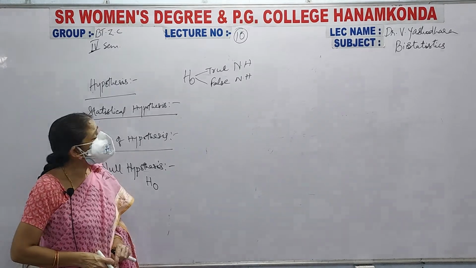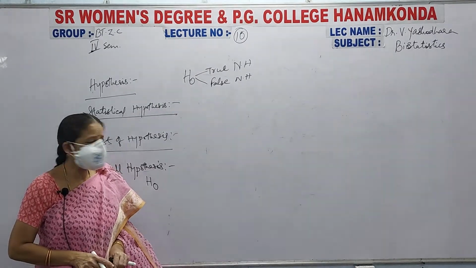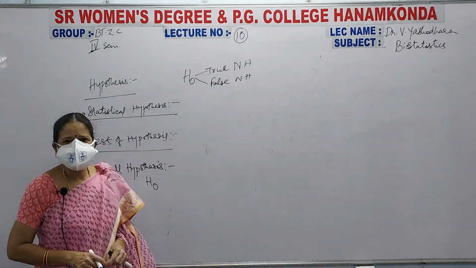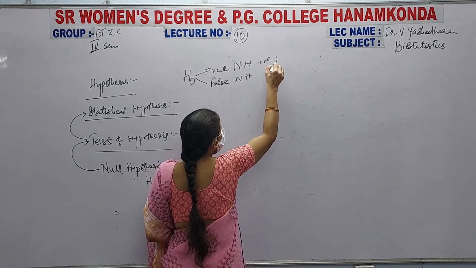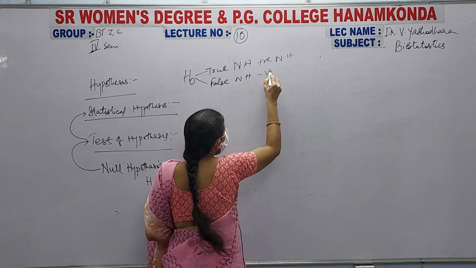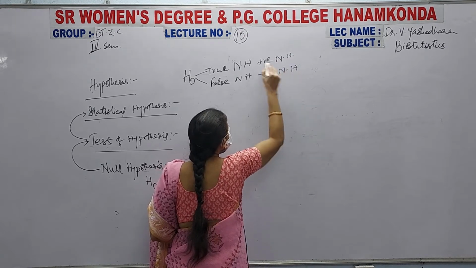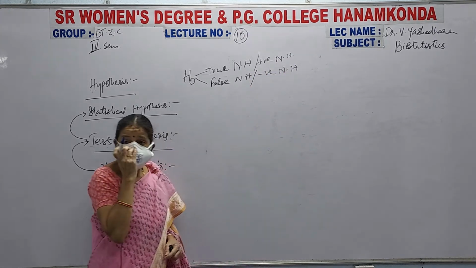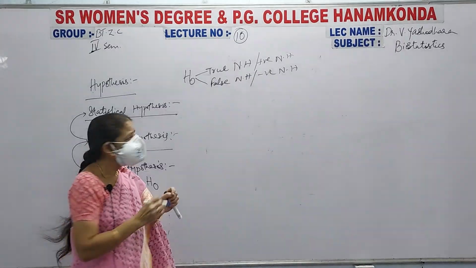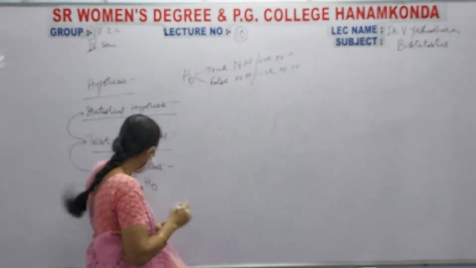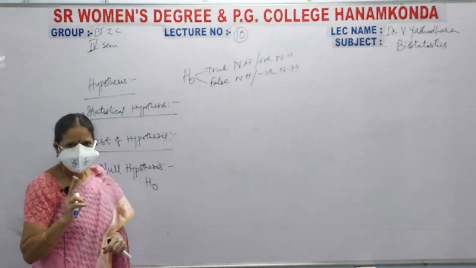What is this true null hypothesis and false null hypothesis? This is known as positive null hypothesis. This is known as negative null hypothesis. Okay, now coming to this one. See here, suppose in the null hypothesis there are two errors may occur.